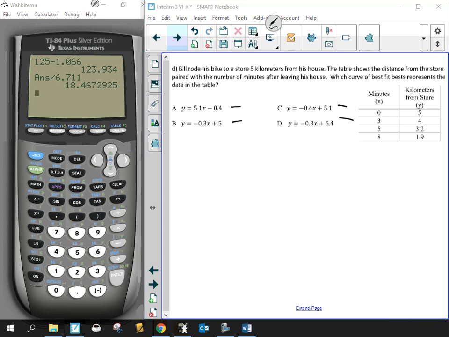So once again, we're just putting the data in the calculator.